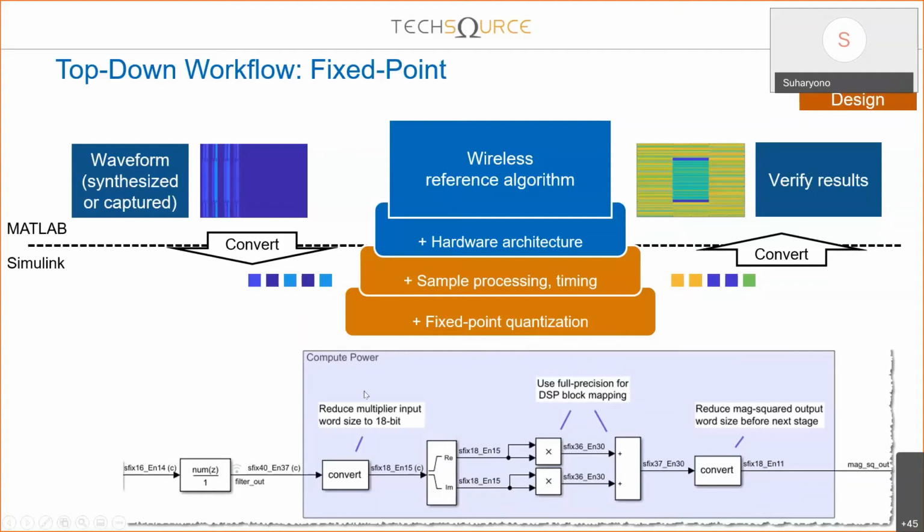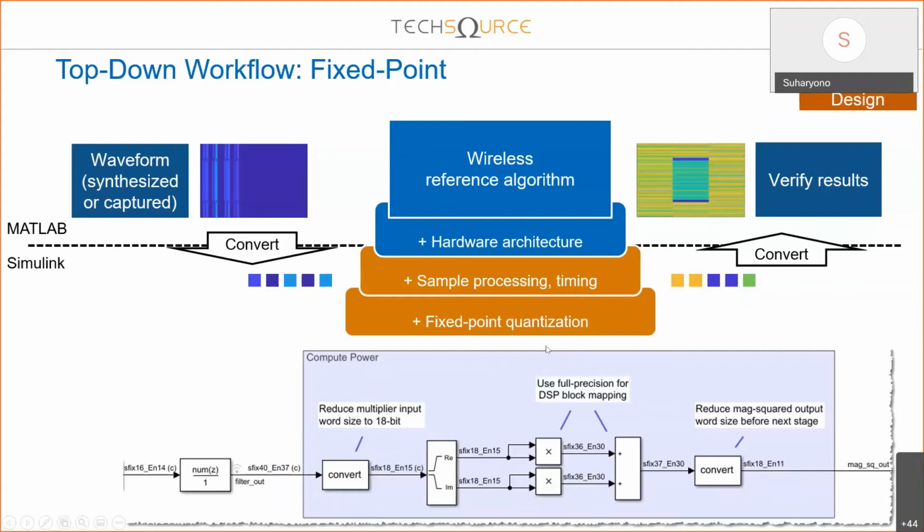For FPGA, if we use a different type of fixed-point data type, it will also change the amount of resources occupied in our FPGA device. So how can we do this? We have a tool, Fixed-Point Designer, that helps us quickly come up with an optimized fixed-point representation for our algorithm.